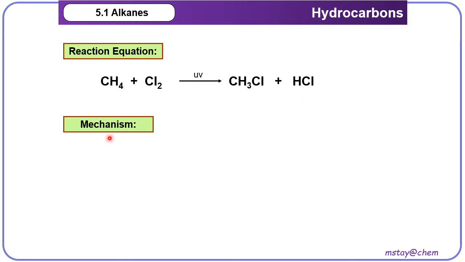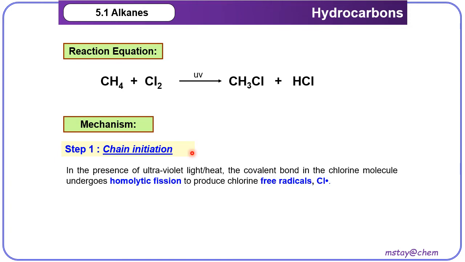So now we start with the mechanism. Step number 1 is chain initiation. In the presence of UV or heat, the covalent bond in the chlorine molecule will undergo homolytic cleavage to produce chlorine free radicals. To keep in mind, as long as we are undergoing free radical substitution, UV is a must.